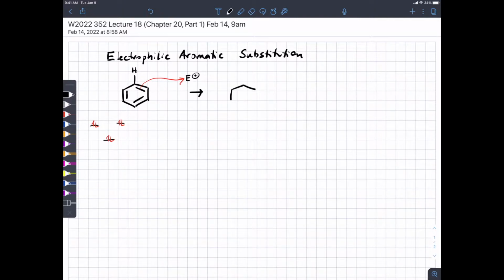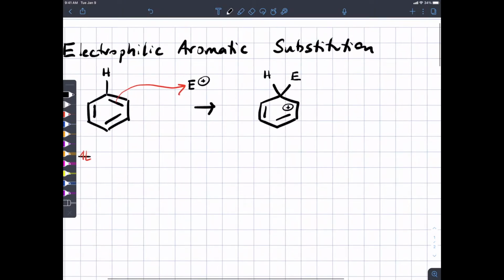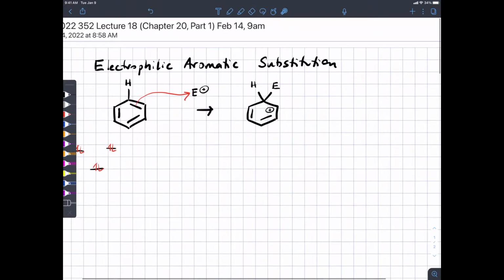If you look at what happens there, what we'll have is an intermediate in which we formed a new bond between carbon and the electrophile, and then there is a positive charge on the other carbon that was involved in the pi bond that we used to attack the electrophile. And then you might expect this carbocationic intermediate to be unstable, and it is.